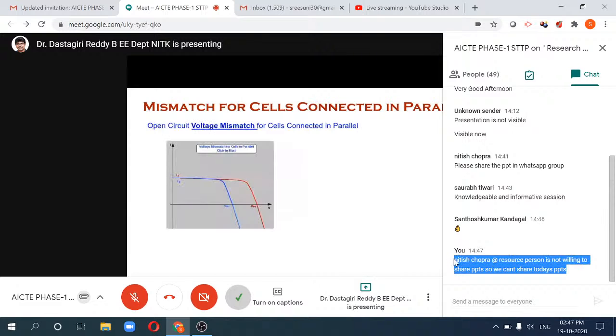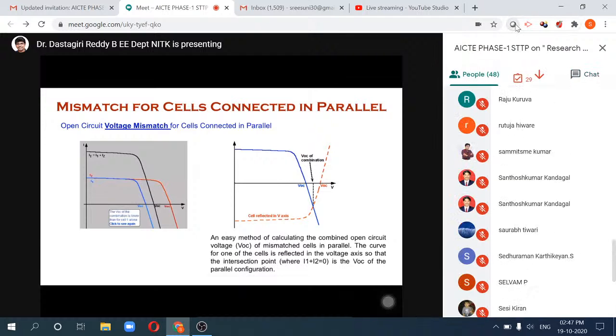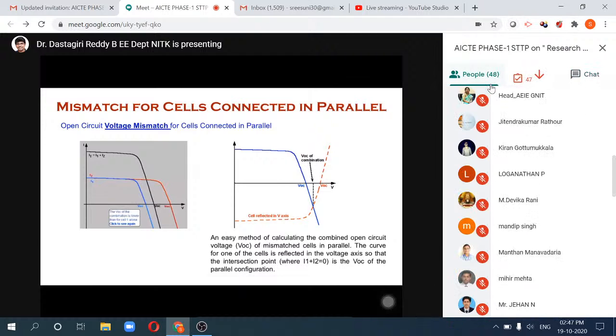So whenever there is a mismatch in the voltage when cells are connected in parallel, again the same thing happens. The difference in the voltage will appear across that particular cell, which may again forward bias the internal diode.